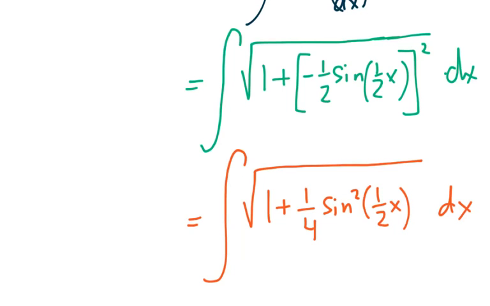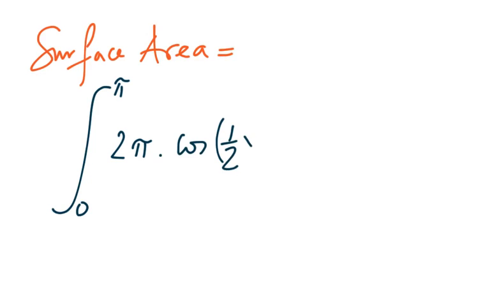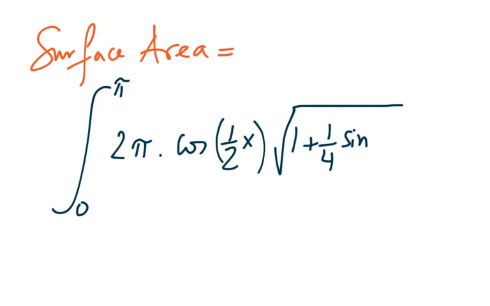Now, if we're doing the surface area, we know the formula for surface area is 2 pi times the integral from 0 to pi of y, in this case y is cosine of 1/2 of x, times the arc length, which is what we just found, the square root of 1 plus 1/4 sine squared of 1/2 of x dx.